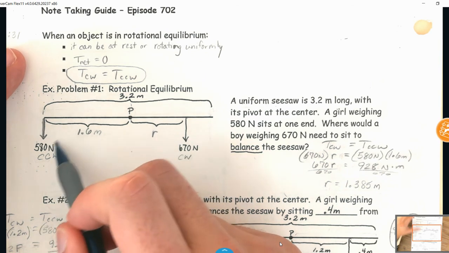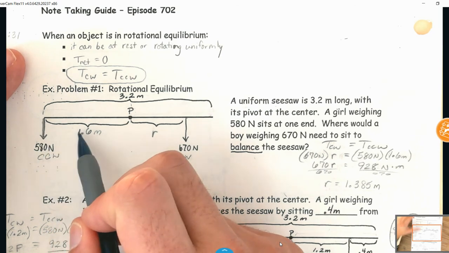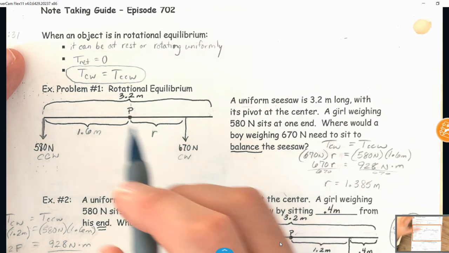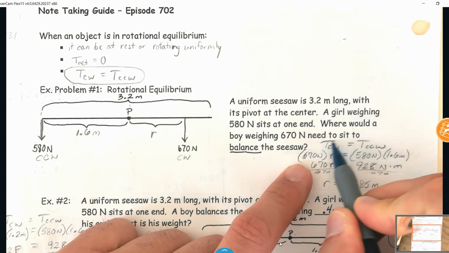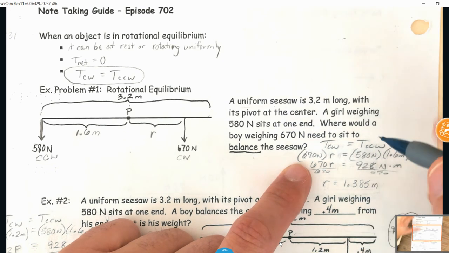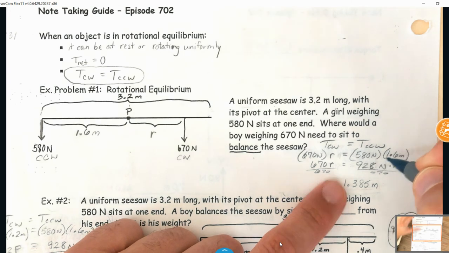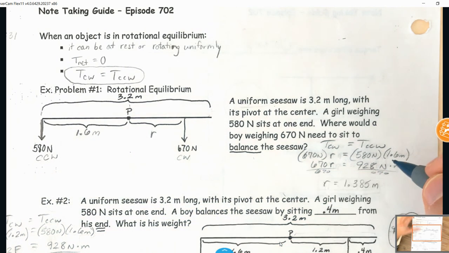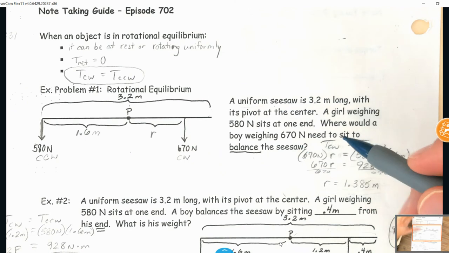So the girl has 580 newtons here and has a lever arm of 1.6 meters. So we have one side of our equation. Clockwise has got to equal counterclockwise. So we have the girl on this end, the 580 times 1.6. We get 928 newton meters. The only thing we know about the boy is his weight, which is going to be the force.